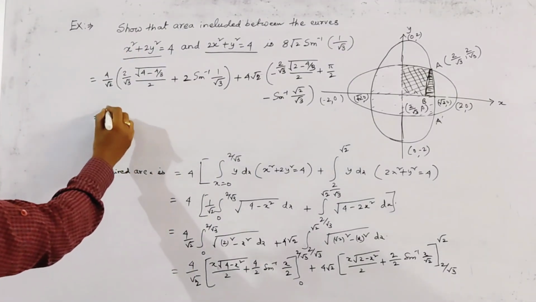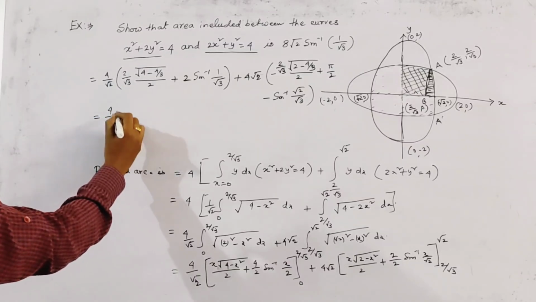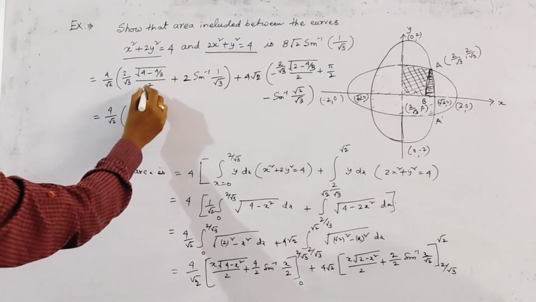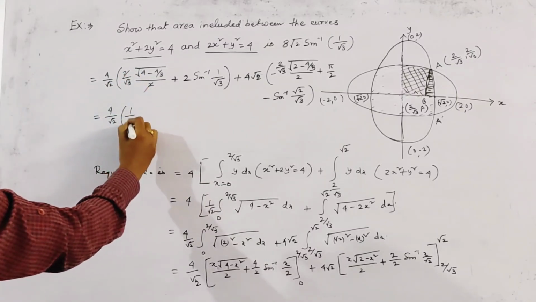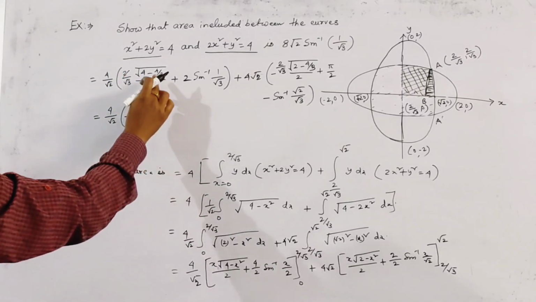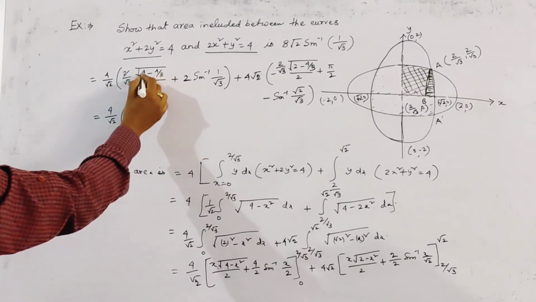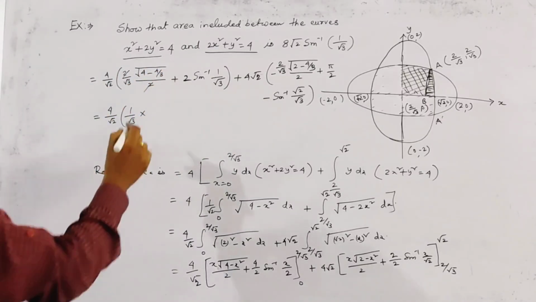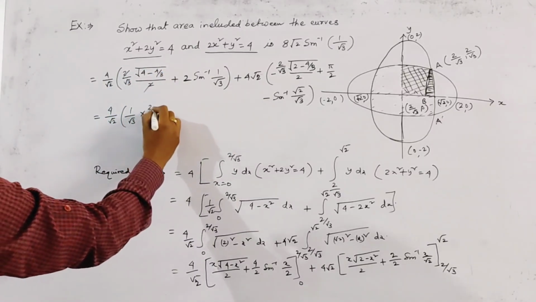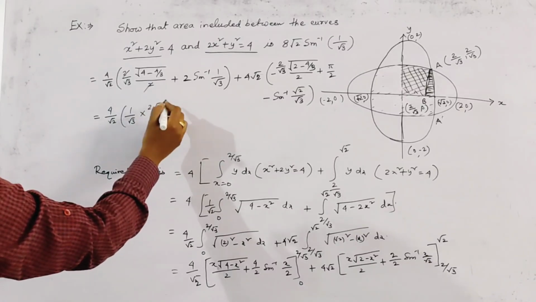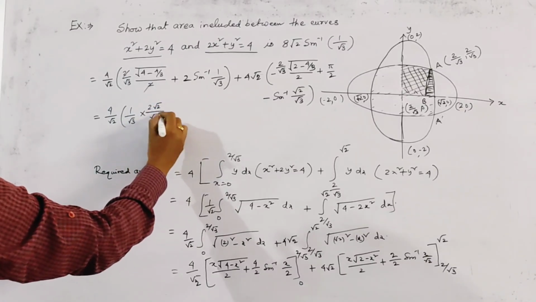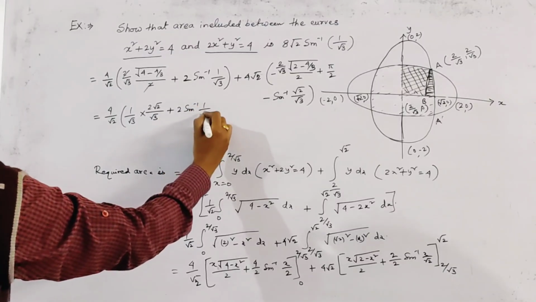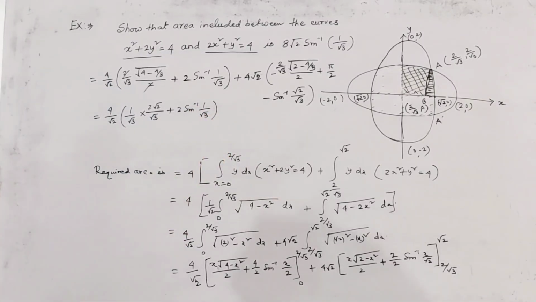Now calculating, we get 4 by root 2 into, from here 2 to cancel out, 1 by root 3 into, this is 12 minus 4, this is 8 by root 3. Okay, 12 minus 4, 8 by root 3, that is 2 root 2 by root 3 plus 2 into sin inverse 1 by root 3.